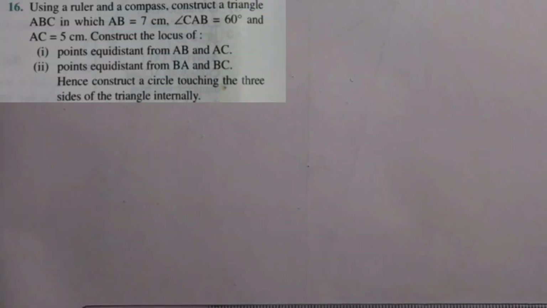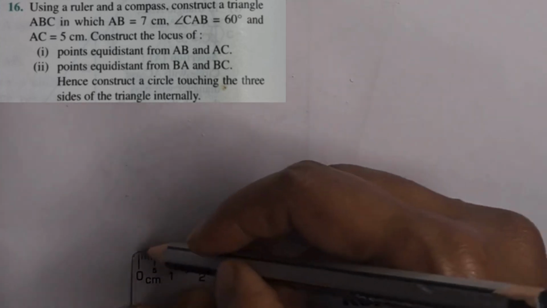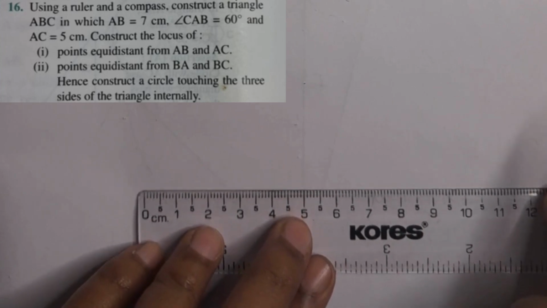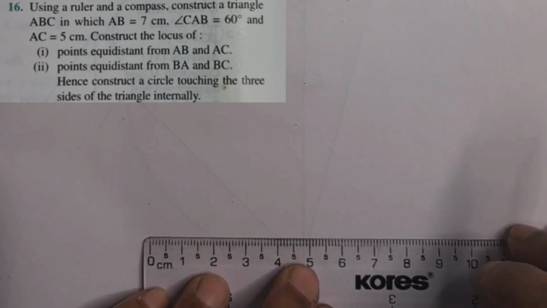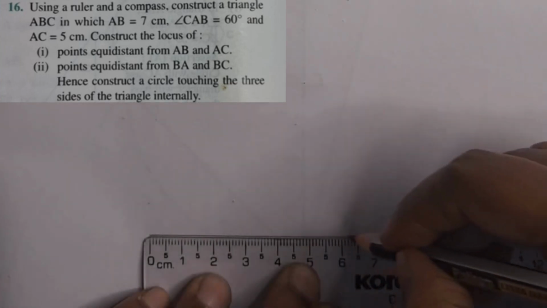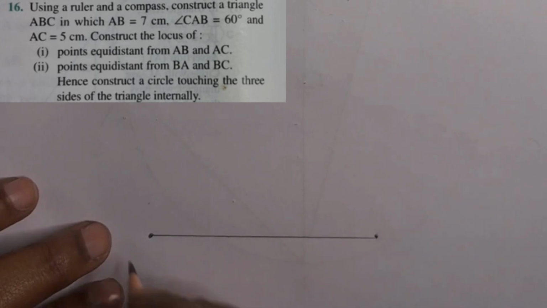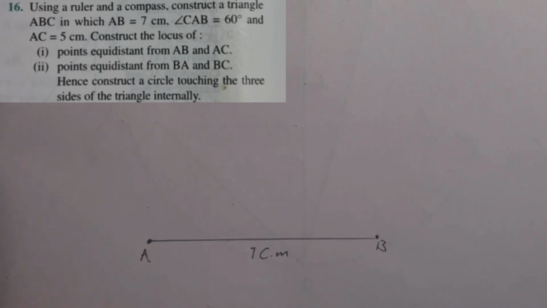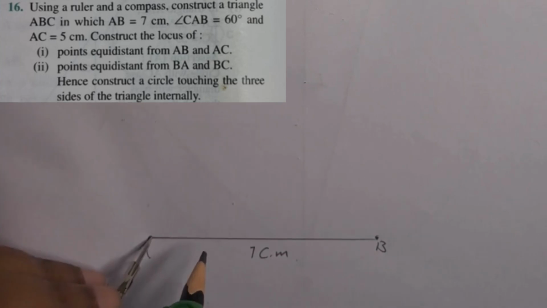First, AB equal to 7 centimeters. Next, angle A equal to 60 degrees.